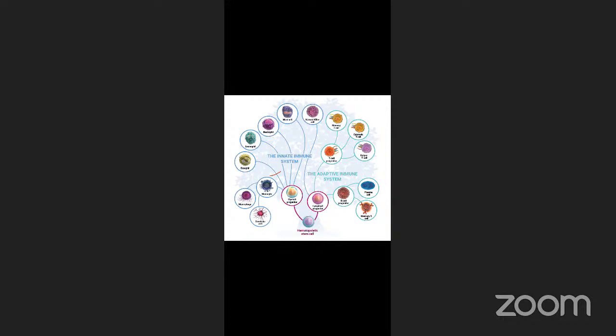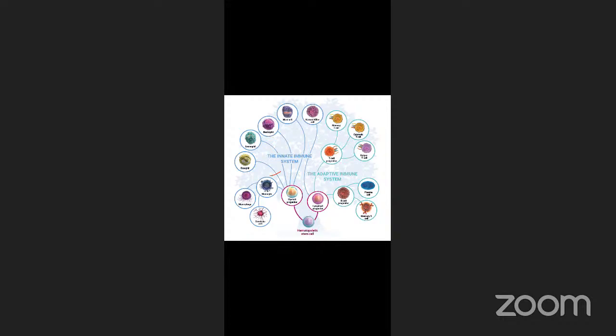Coming to the bone marrow, this is the main site of all types of circulating blood cells. In the bone marrow all types of cells are manufactured, and in the fetus, hematopoiesis takes place in the yolk sac.